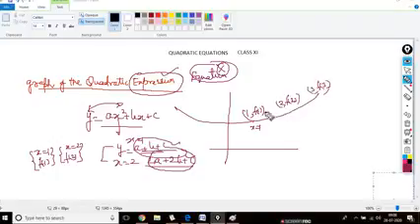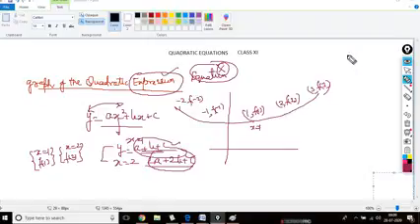On the left, I get minus 1 comma f(minus 1), and minus 2 comma f(minus 2), and at any other points of x, you get similar values of the expression. So basically, what is an expression?